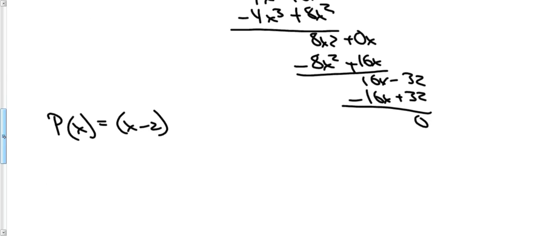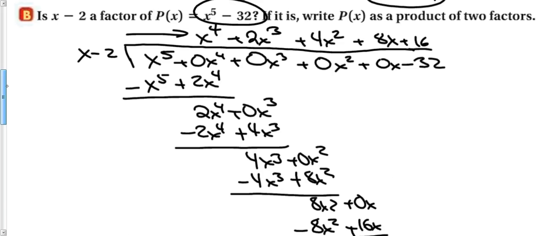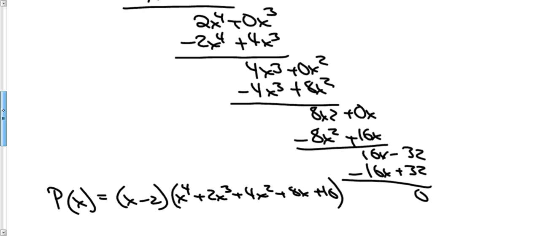So that's going to be x to the fourth plus 2x to the third plus 4x squared plus 8x plus 16. And if I were to multiply those two polynomials together, I would get x to the fifth minus 32. Okay?